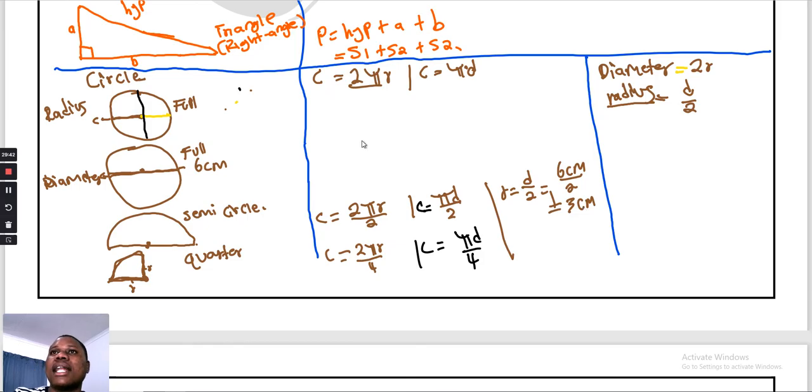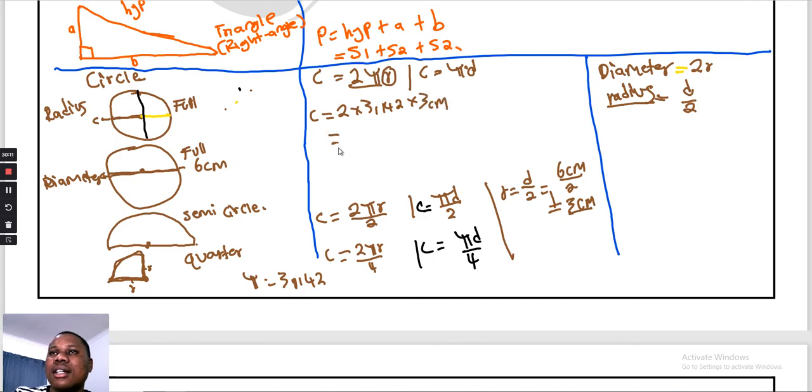Now we're going to calculate. We can use this one firstly. Let's substitute on that one. We're going to have 2 multiplied by pi. Every time we use pi, just know that pi is equal to 3.142. Multiplied by how much is our radius? Our radius is 3 centimeters.